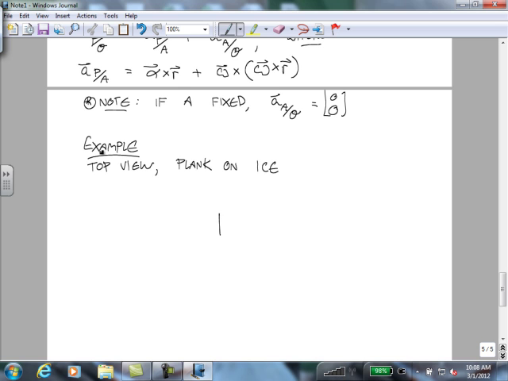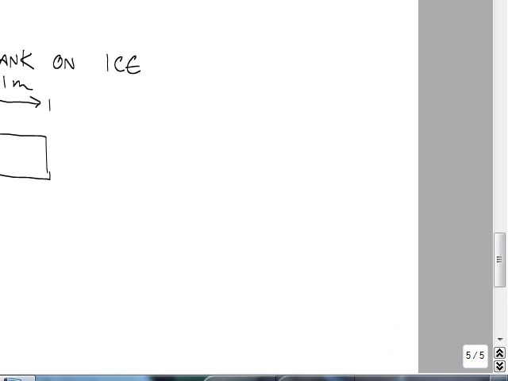Say the length is 1 meter. The width is 0.3 meters. The mass is 15 kilograms. It's at rest at the chosen instant.